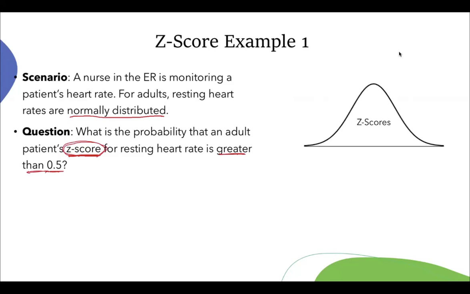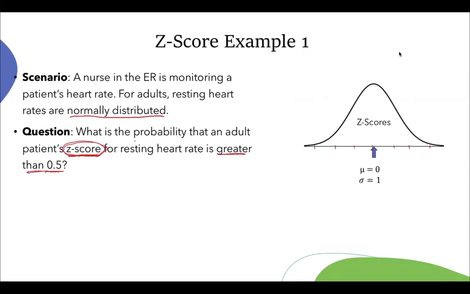So for that reason, we know that the center is 0, and we know that the standard deviation is 1. Okay, and to understand why it's 1 again, go back to the previous slide. We add 1 each time to get the next z-score on the right, and we subtract 1 each time to get the z-scores on the left. The standard deviation is 1.